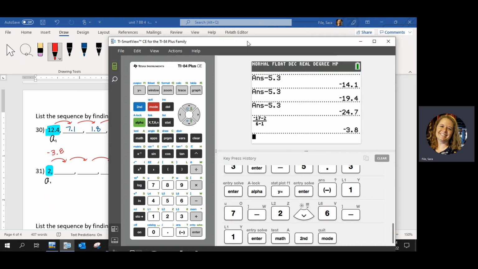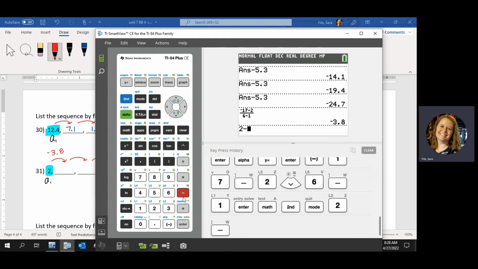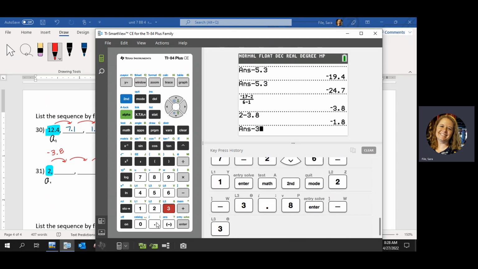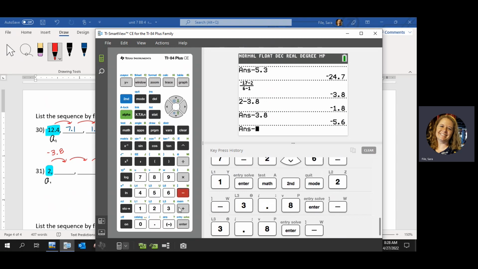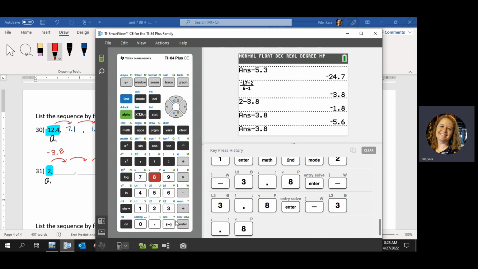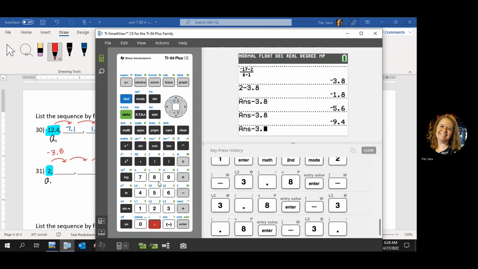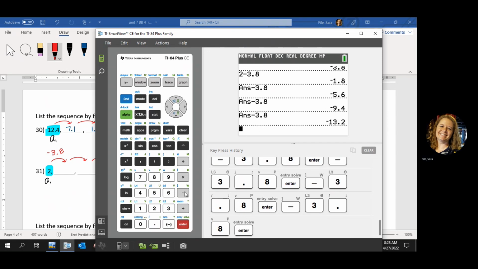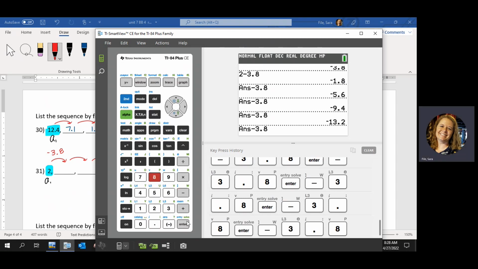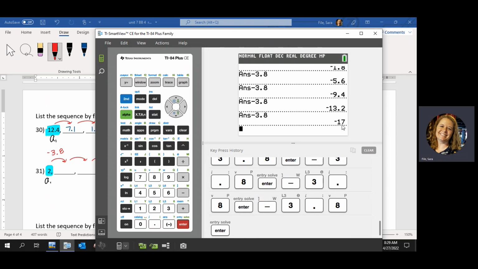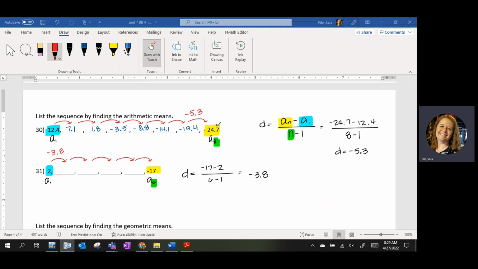And we start with 2. So 2 minus 3.8, enter. Minus 3.8, enter. Minus 3.8, enter. I think that's all of them because we end with the negative 17. Okay, so that's how you get all of the terms that you need to fill in for this sequence.